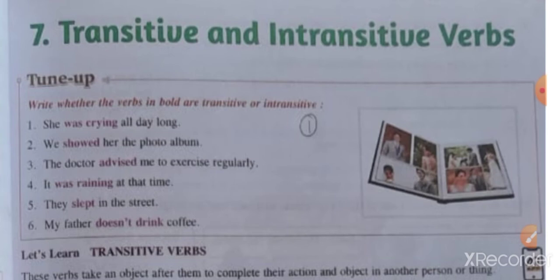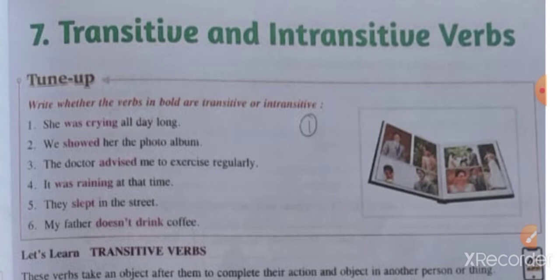So let us have transitive. The concept, students, I explained in our previous class, but let us take it again, as these questions and this concept are in your own 7th standard book. So tune up for the very first exercise, guys, and you have to solve it.